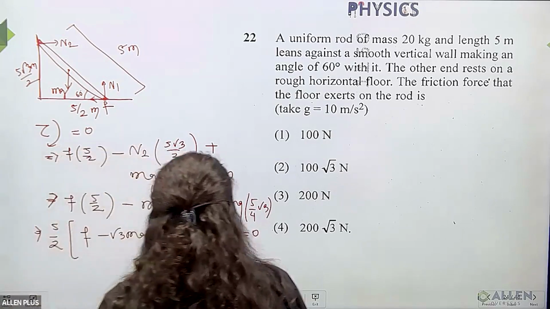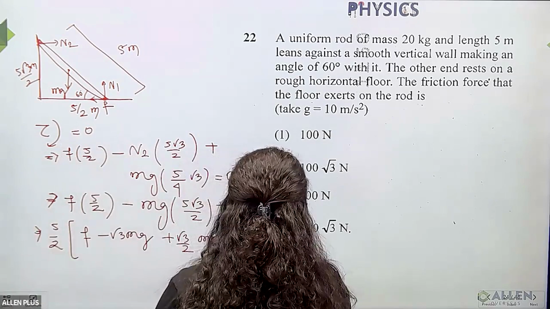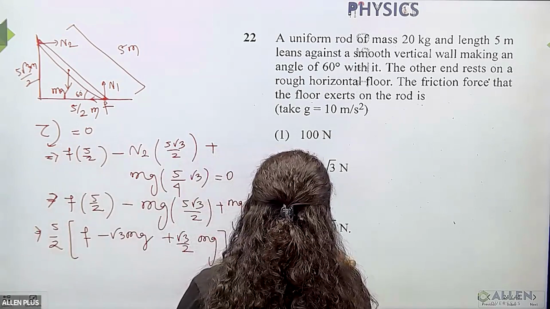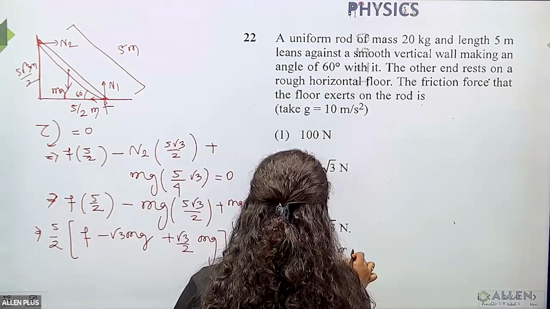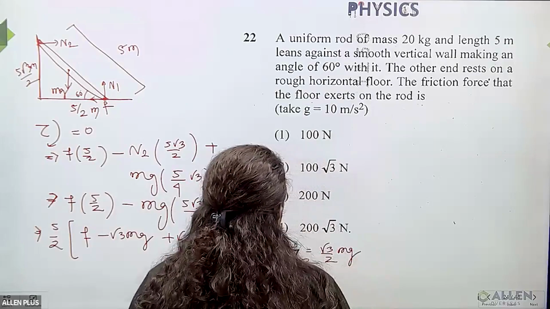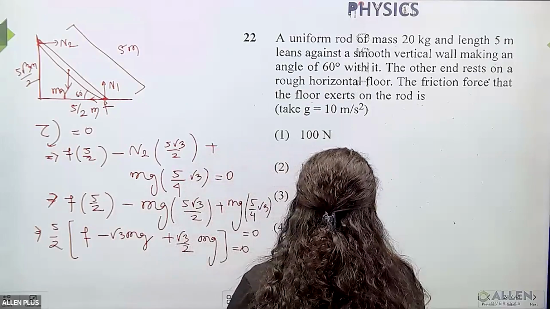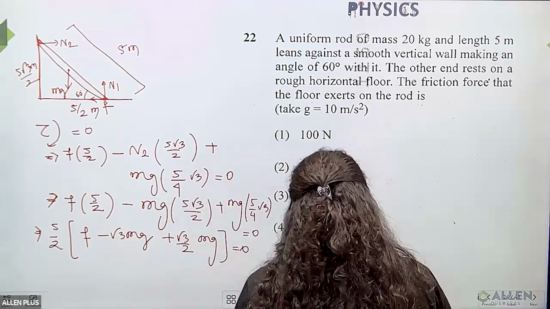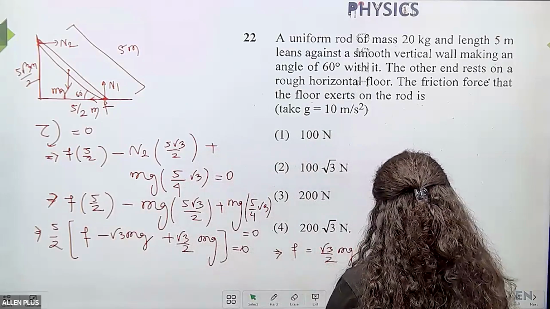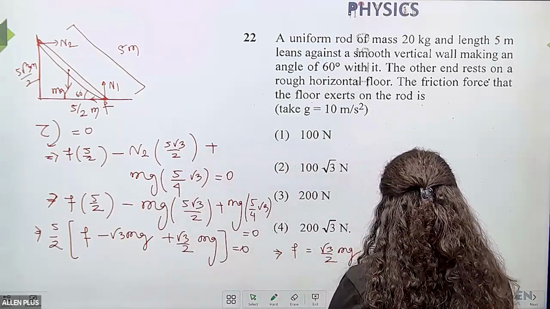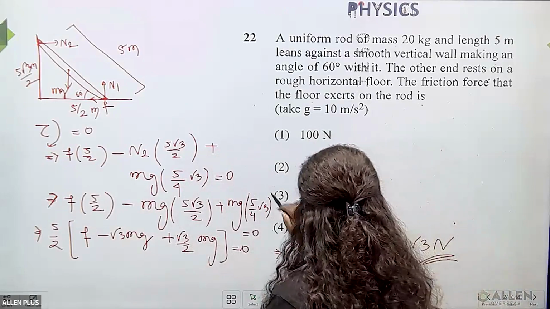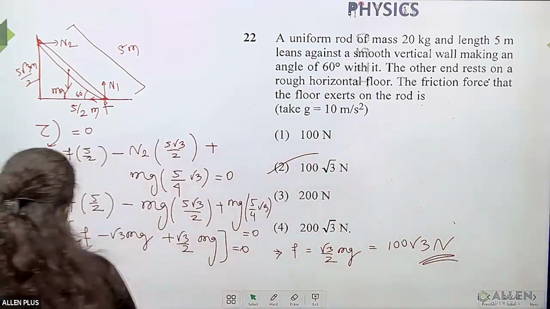So from here, I can say f is equal to root 3 by 2 mg. Substitute the value of m and g, you will be getting 100 root 3 Newton.